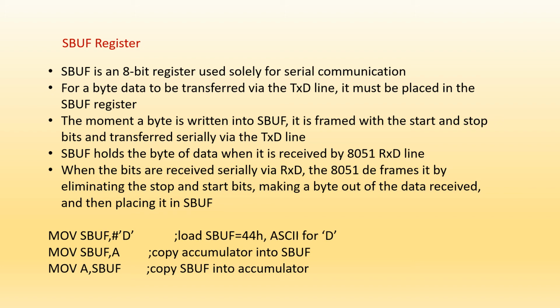We have already seen that: whenever we want to send data serially, the data has to be formed into a frame, adding a start bit and a stop bit to the 8-bit character data. Whenever the data is placed in SBUF, it automatically adds the start bit and the stop bit, and then the data is sent serially via the TXD line.